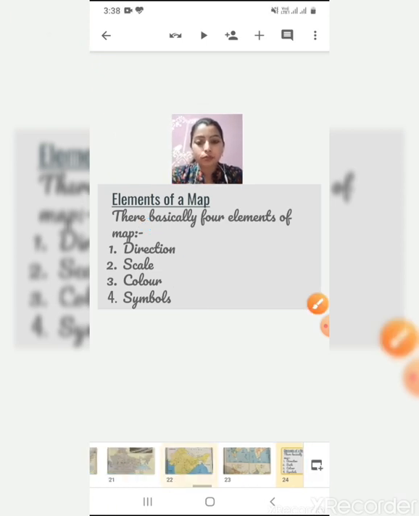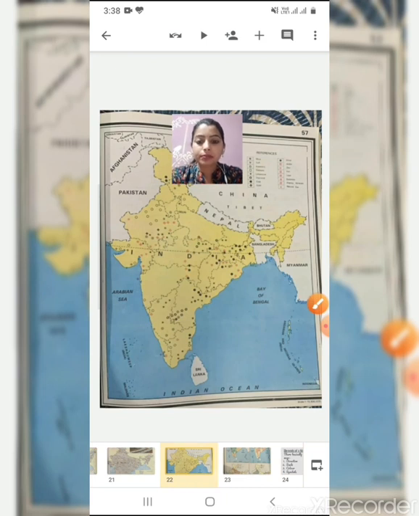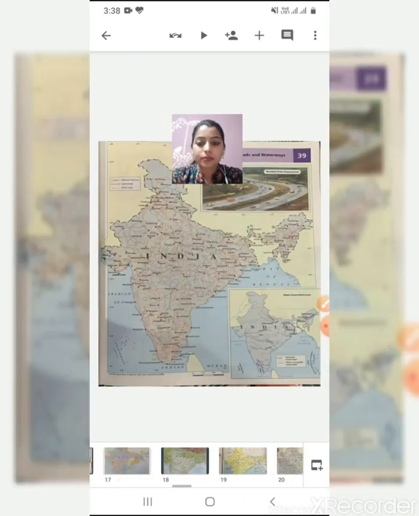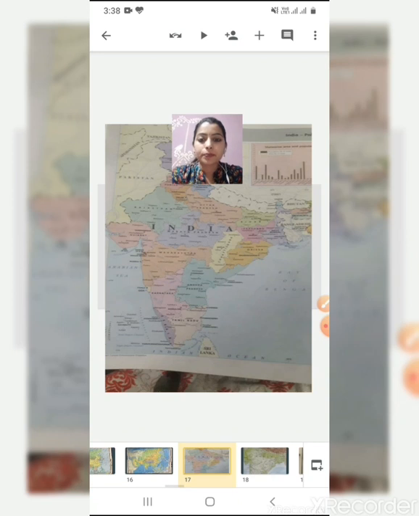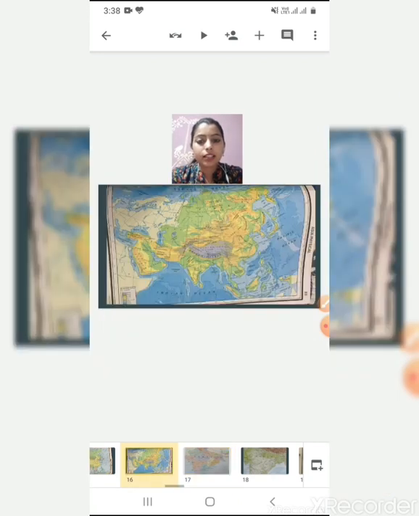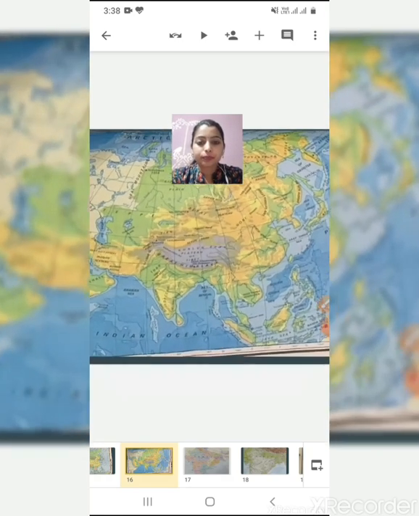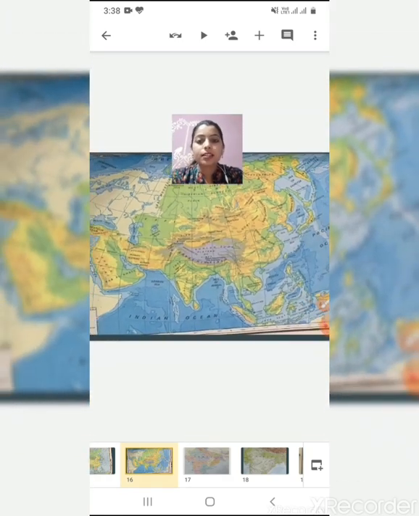I have shown you this map. See, there are different colors. See, this is a map of Asia. In this map, they have shown different colors. Green is there, light green is there, yellow is there, blue, shades of blue, 3 types of blue are used, 3 types of yellow color are used.